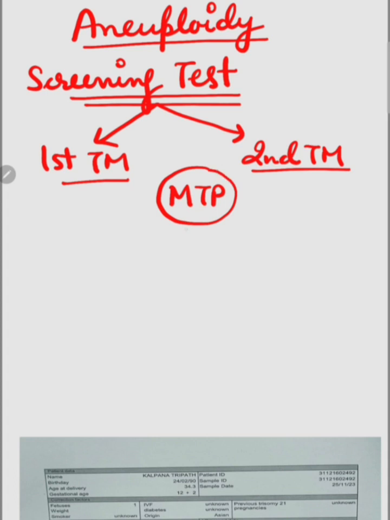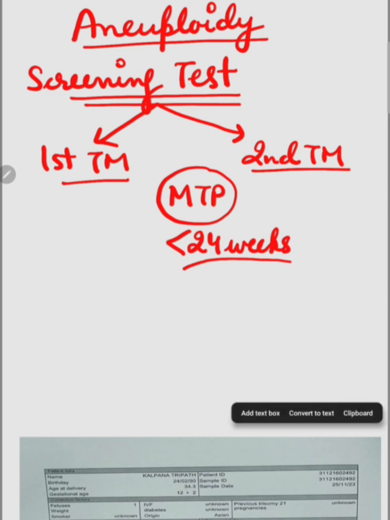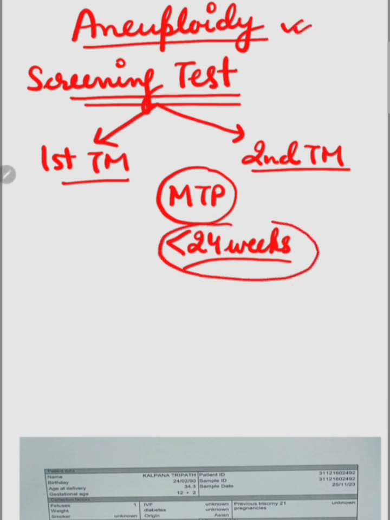Our recent MTP Act says that if the period of gestation is less than 24 weeks, we can go for MTP if there is any anomaly or abnormality in the fetus. So all the aneuploidy tests should be done at a gestation less than 24 weeks, because doing a screening or a diagnostic test at a period of gestation more than 24 weeks will not help the mother or the baby, because we cannot go for MTP in that instance.